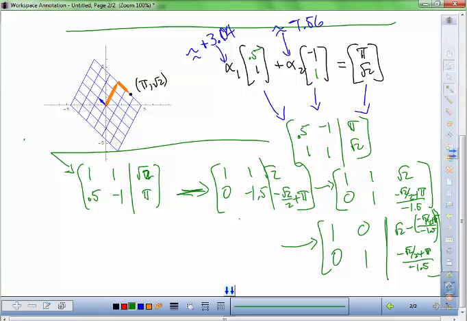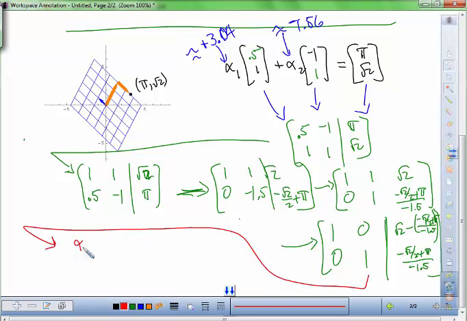Yeah. So after we get to there, what do we put in for alpha 1 and alpha 2? Well, this is supposed to be your coefficient for alpha 1. So from here, it looks like alpha 1 is going to equal this square root of 2 minus this big mess.